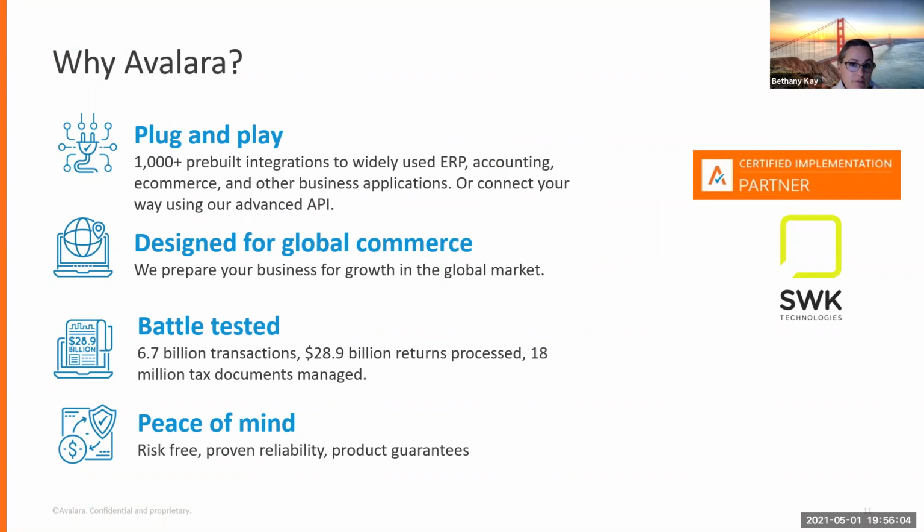And choose a vendor that is positioned to grow with you, not only to integrate with your systems today, but one that's growing and developing their platform and can grow with you tomorrow. I want to mention that SWK is a certified implementation partner for Avalara, which is fantastic for Stage 100. This is just a great value to have a partner that's trained to help you go live on our solution and support you post go live.